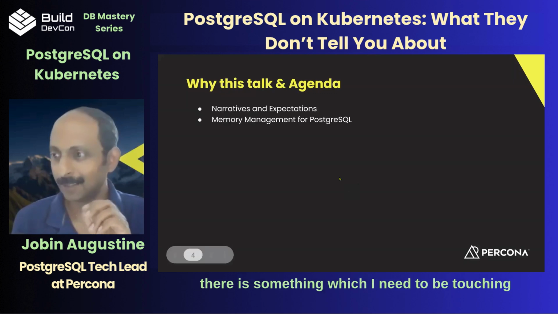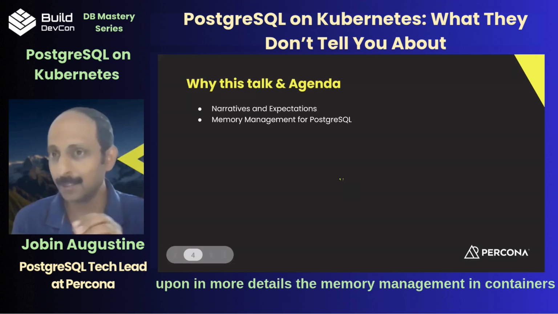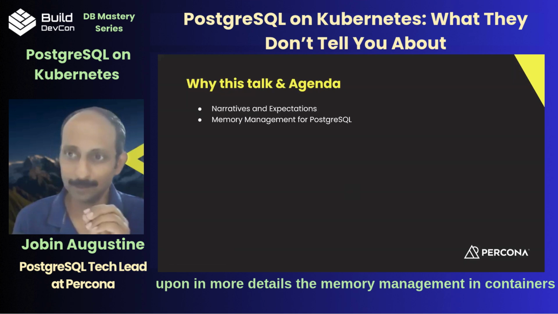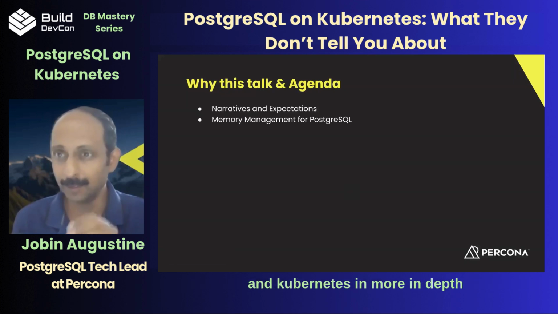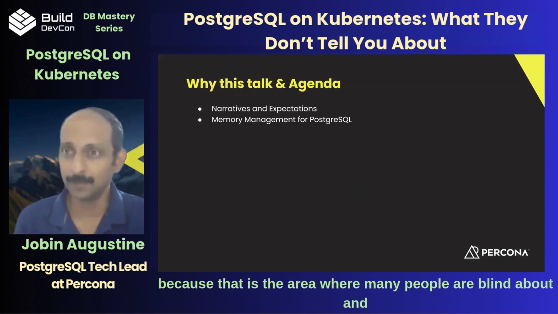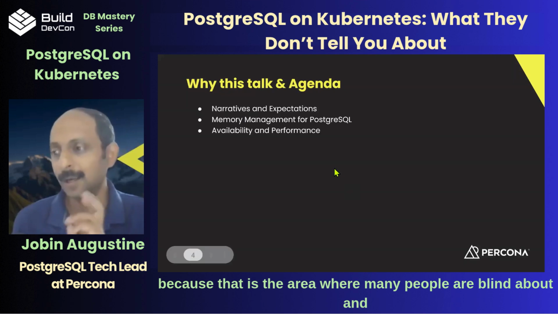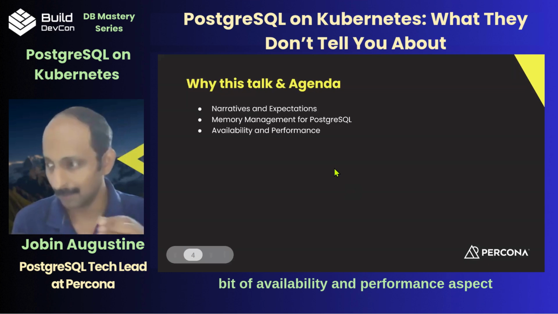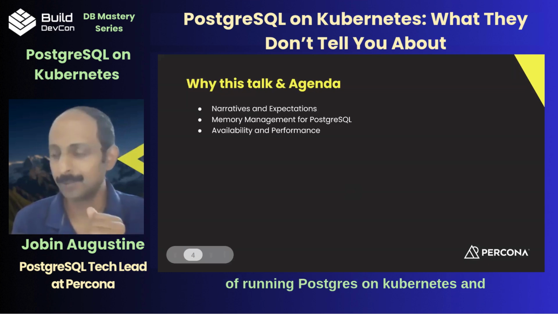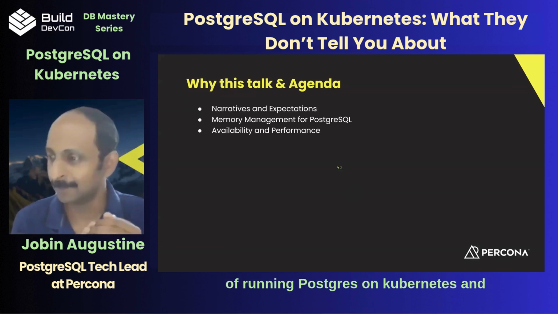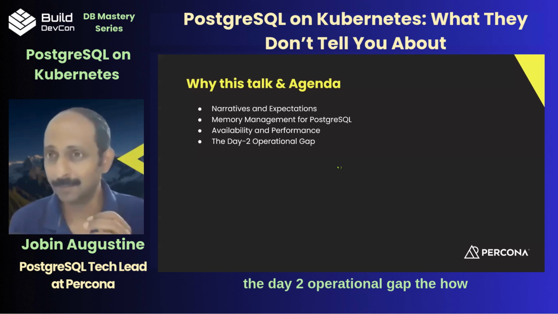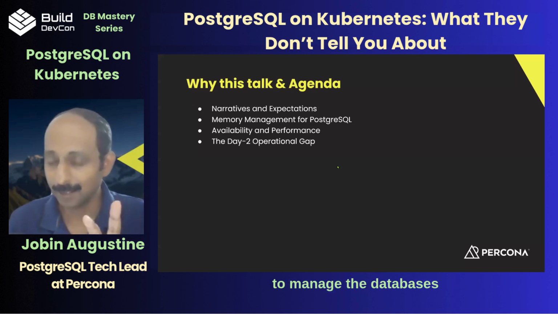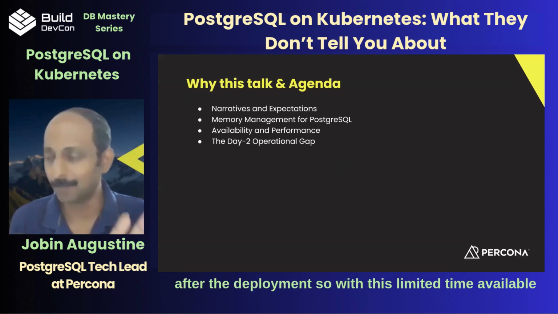There is something which I need to touch upon in more detail: the memory management in containers and Kubernetes, more in depth, because that is the area where many people are blind. And a bit of the availability and performance aspects of running Postgres on Kubernetes, and the day two operational gap, how to manage the databases after the deployment.